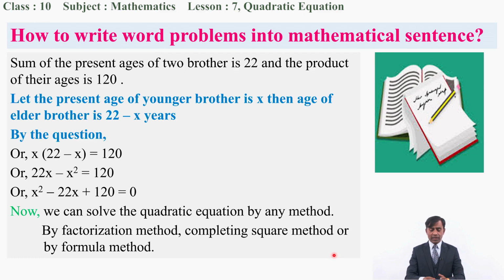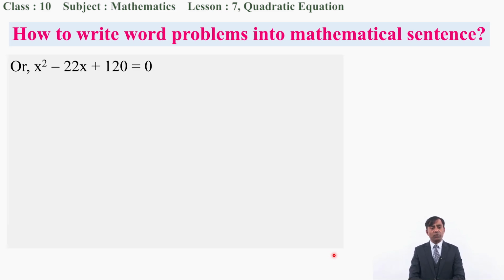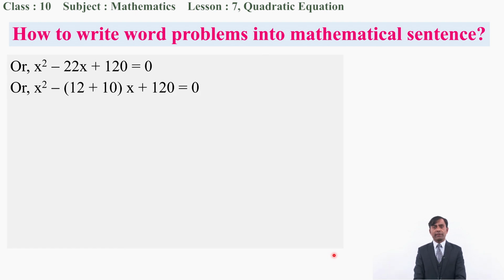Right? So now I am selecting one method, so let's see which method we are using to solve this problem. We take x square minus 22x plus 120 is equal to 0. Do you know which method we have followed here?